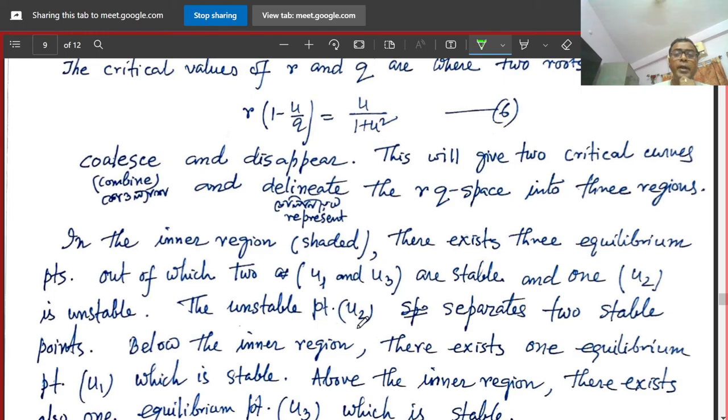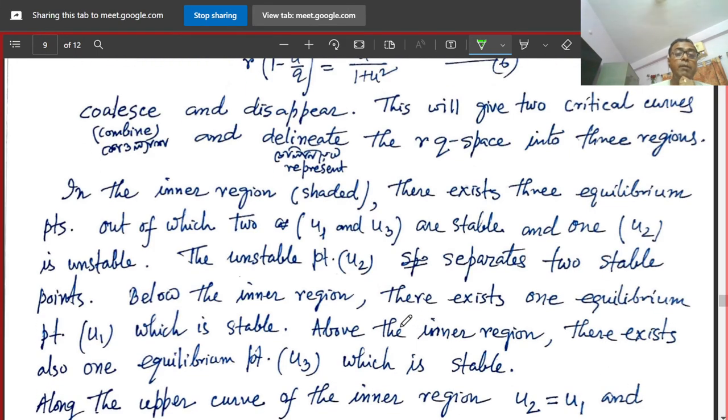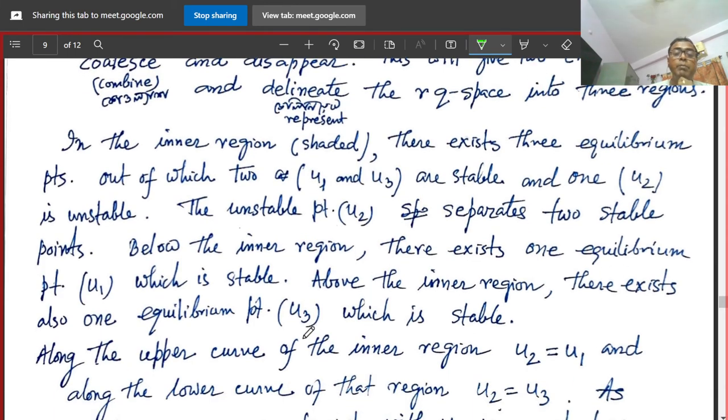The unstable point u2 separates the two stable points. Below the inner region, there exists one equilibrium point u1, which is stable. Above the inner region, there exists one equilibrium point u3, which is stable.